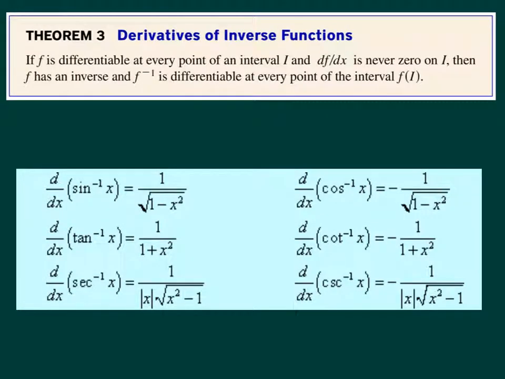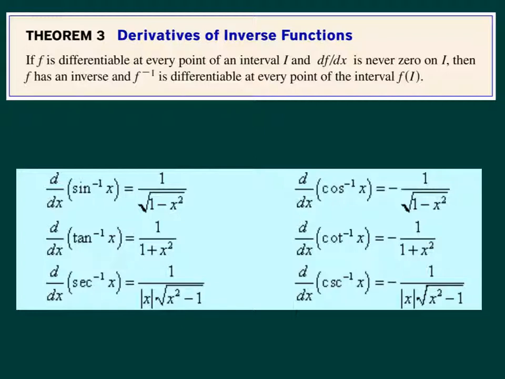So to start off with, if any function f is differentiable at any point on an interval I, and the derivative of f with respect to x is never 0 on that interval, then f has an inverse.